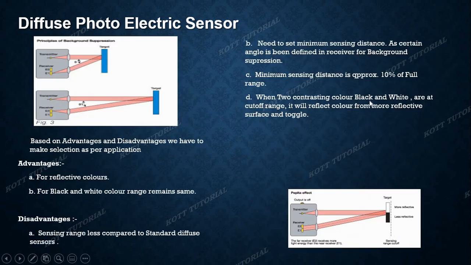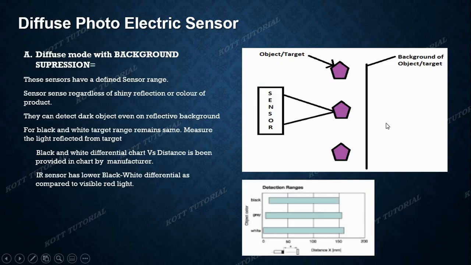When two contrasting colors, black and white, are kept at a cutoff range, it will reflect color from both reflective surfaces and toggle. See this point, I will explain over here. See, the maximum sensing range of this sensor for white color is say 160 mm.